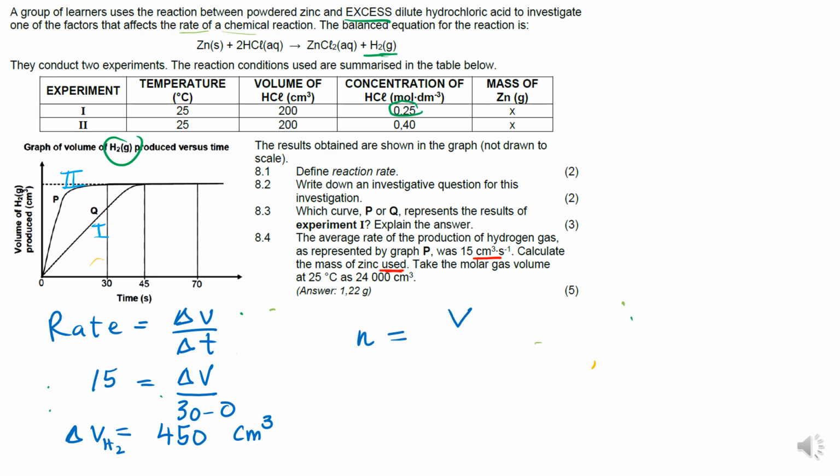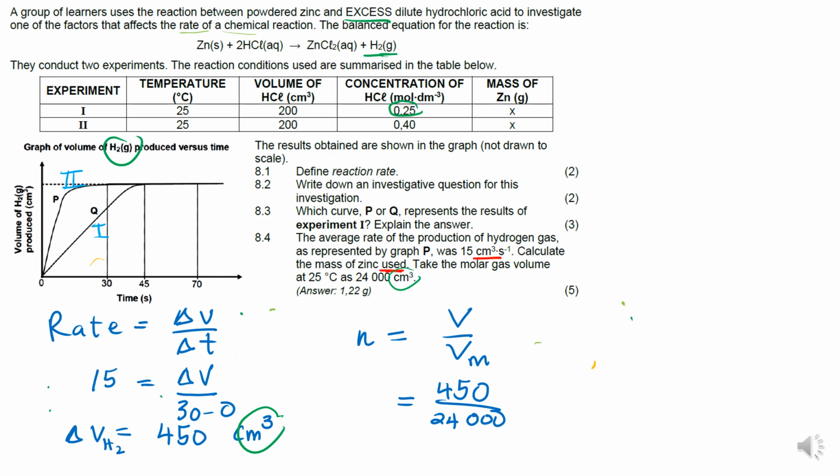So I can use Avogadro's law, which is I can use the volume of 450 and the molar volume of 24,000. Remember, I can use cubic centimeters and cubic centimeters. So you must always check your units. Then I can work on those units as they are. Otherwise, if I change one of them, then I must change the other as well.